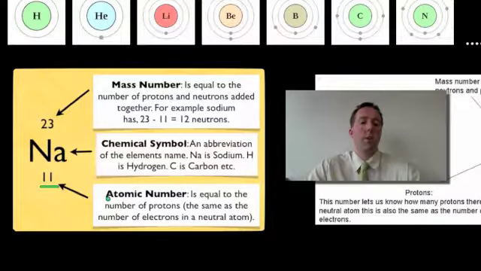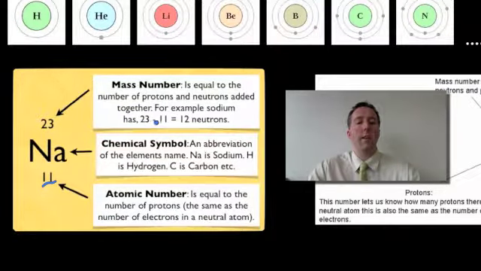But certainly the atomic number is the number of protons, and then the mass number up here is actually the number of protons plus the number of neutrons added together. So in this example, I know just by looking at the atomic number that sodium's got 11 protons, and I know it's got 23 protons plus neutrons.